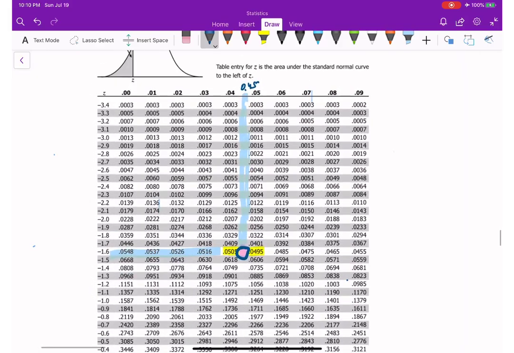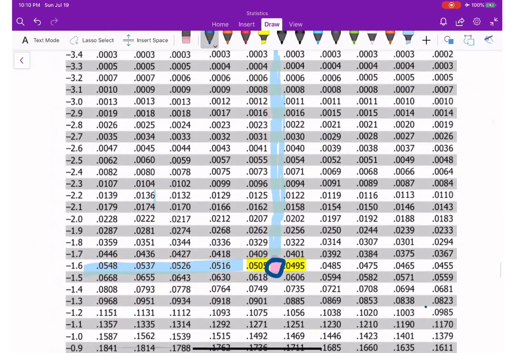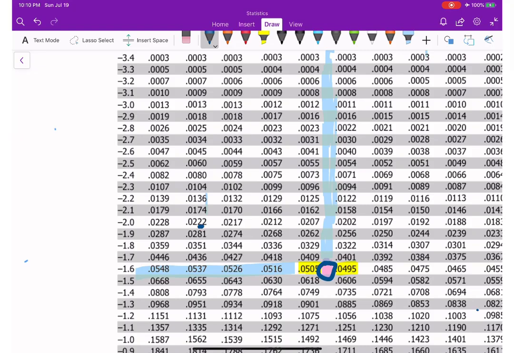Okay, let's go find 0.025 in the negative z-score table. I guess that's what's going to be 0.025. I don't think I will find anything closer.